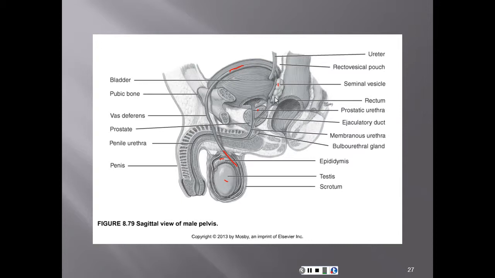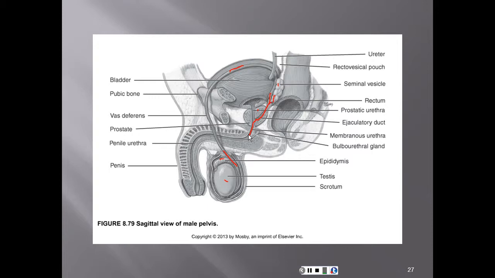The seminal vesicle secretes hormone. Contents from the vas deferens meet the seminal vesicle, goes through the prostate, where hormones are then added to the fluid, and then it travels down into the membranous urethra, into the penile urethra. This is the male reproductive system.